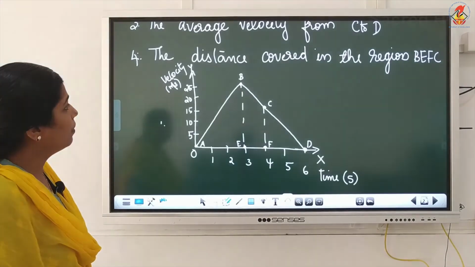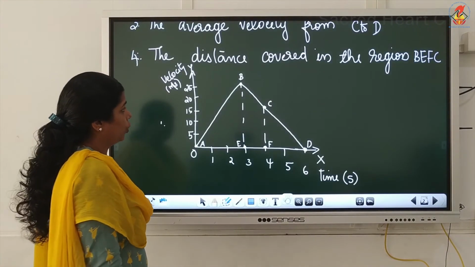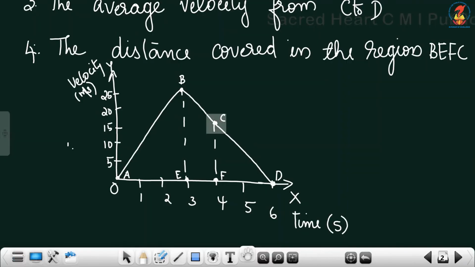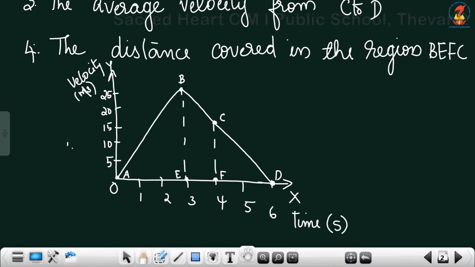Then the average velocity from C to D. This point is C and this point is D. Now, what is the distance covered in the region B, E, F, C?